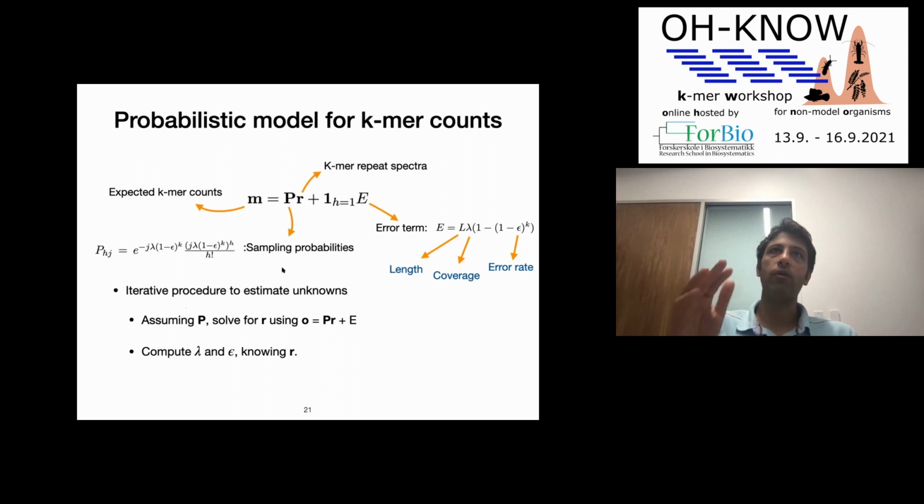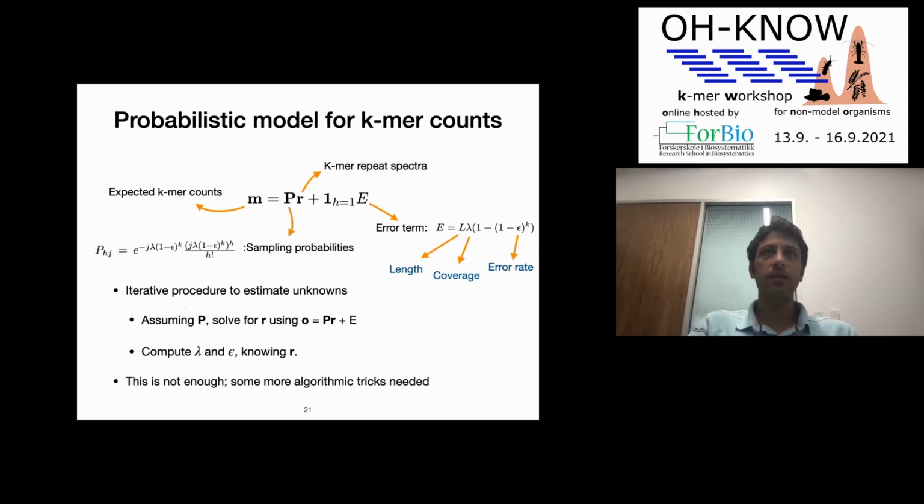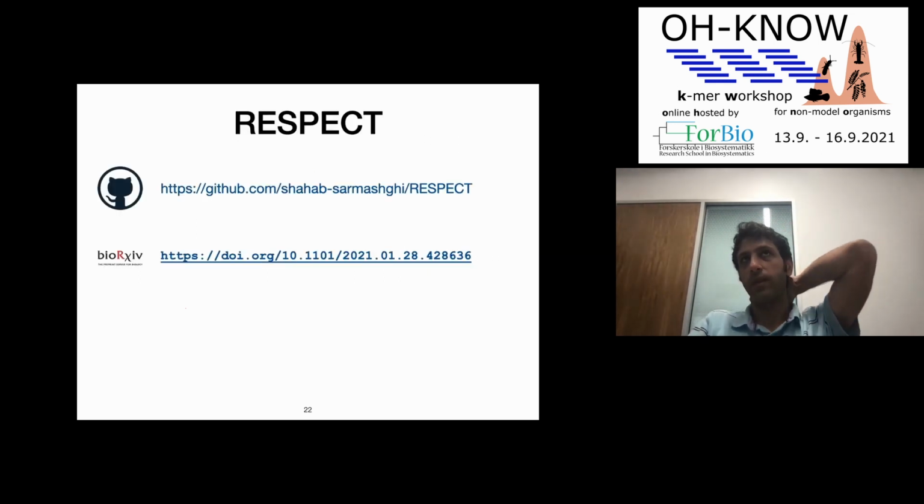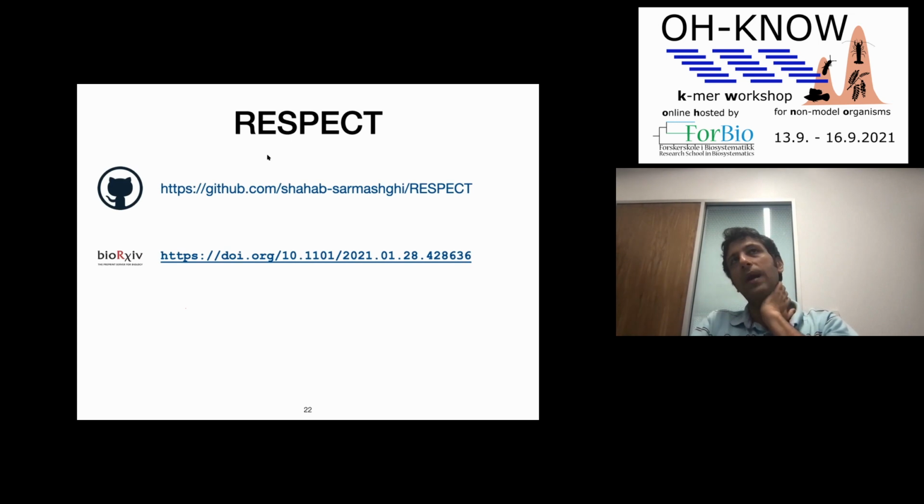You keep going back and forth. Even that is not enough. You have to add some other nuts and bolts to this algorithm. I don't want to spend a lot of time on how the algorithm works. So I just hope the model makes some sense. How we solve this is a lot more complex. So let's not worry about that right now. Just know that we do have a solution.